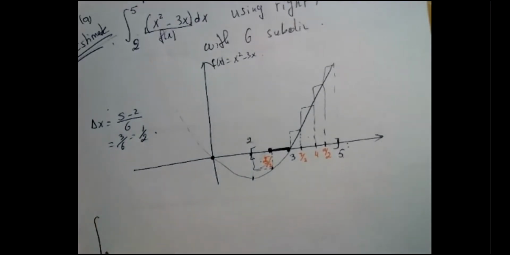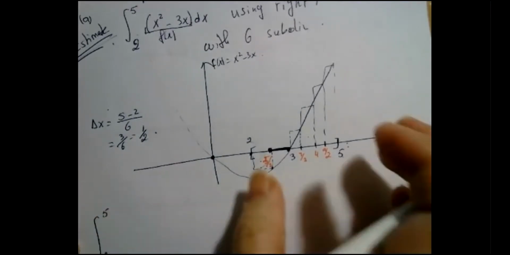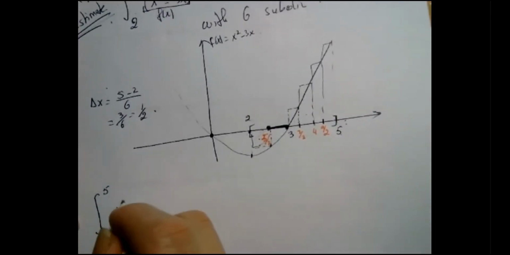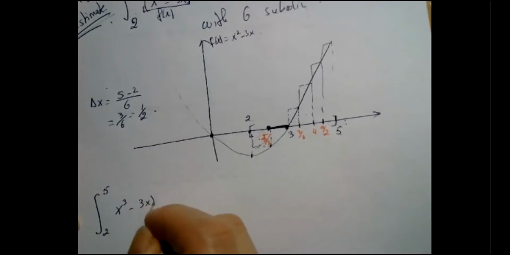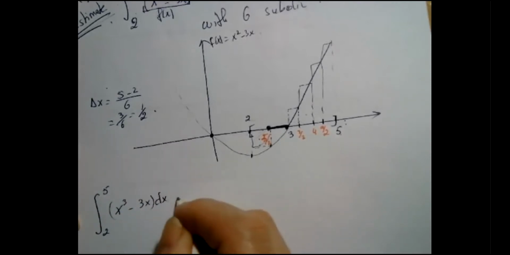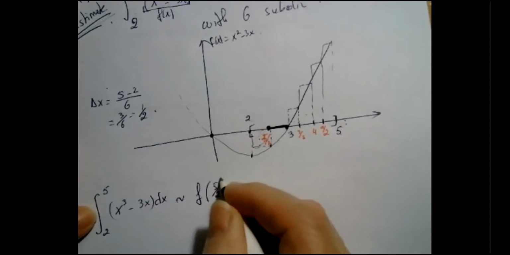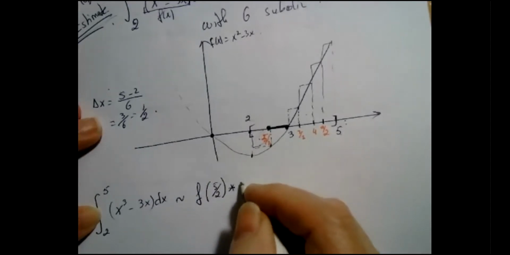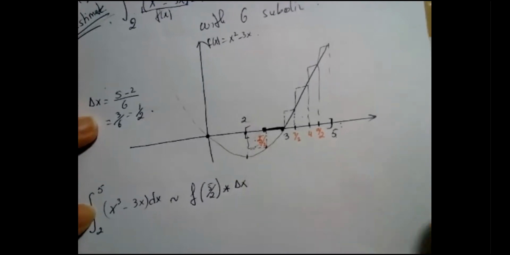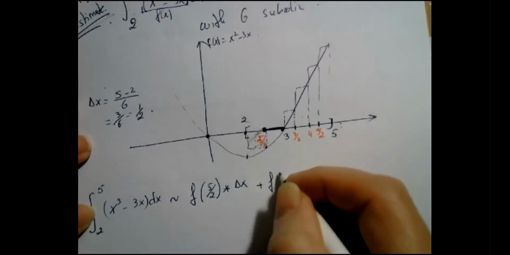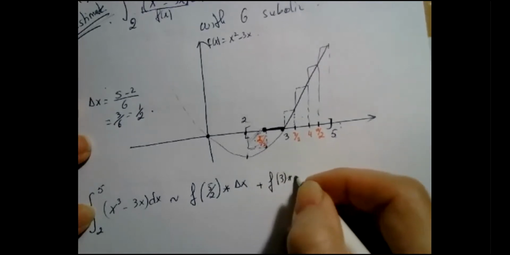So the definite integral is not going to be a great estimate because we don't have a lot of subdivisions, but that's the idea. So the integral of x squared minus 3x dx is almost equal to the value of the function at 5/2 times the delta x. This would give me minus the area of this little rectangle, plus the value of the function at 3 times the delta x.